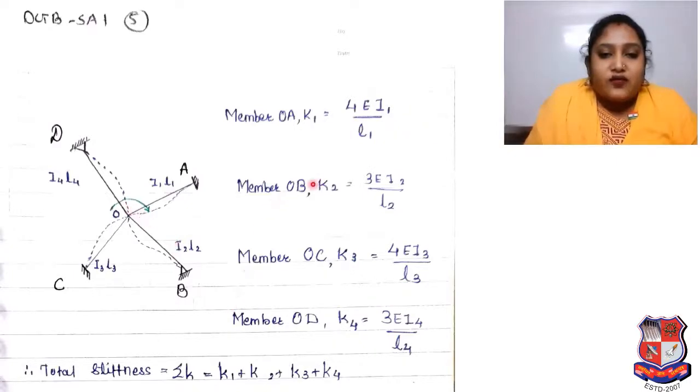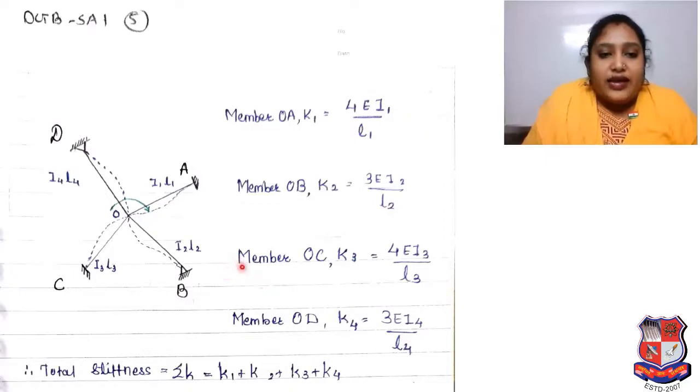For OB, the stiffness K2, as per the end criteria and stiffness rule, will be 3EI2 by L2.